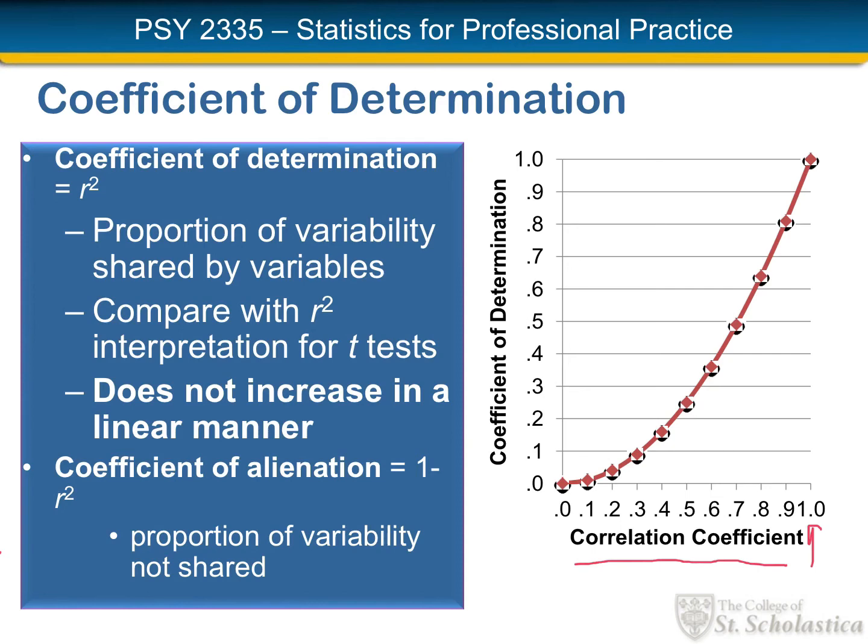So when I go from 0.1 to 0.2, I'm going from a coefficient of determination of 0.01, 0.1 squared, to 0.04, which is 0.2 squared. And it's not a very high line. But if I go further out, if I go to the movement from 0.7 to 0.8, you can see that the amount of increase is much greater.